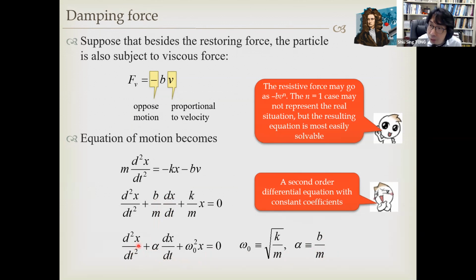It has a term in x, a term in the first derivative of x, and a term in the second derivative of x. That's why it's called a second order differential equation. And all the coefficients of x, of dx/dt, and of the second derivative of x are constant. So this equation is easy to solve.